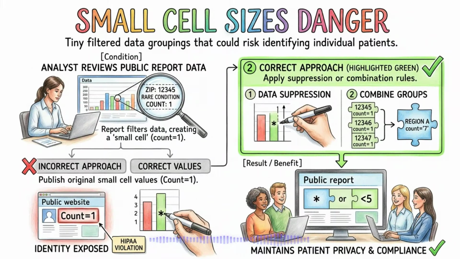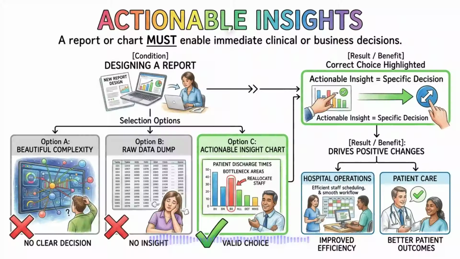If your public report shows exactly one patient who had a highly specific, rare surgery in a tiny zip code, you have accidentally violated HIPAA privacy rules. Analysts must always suppress or combine these tiny data points before publishing any visual report to the general public.